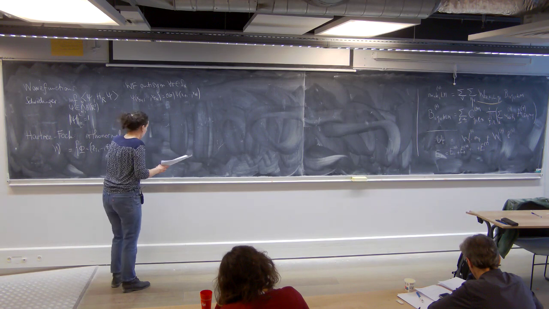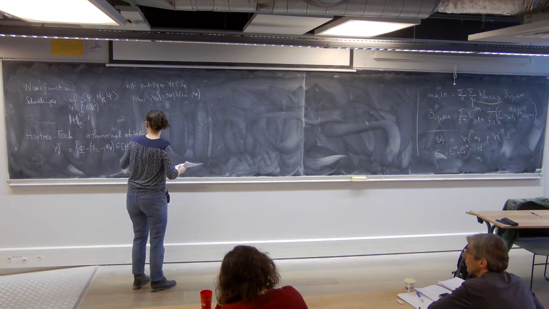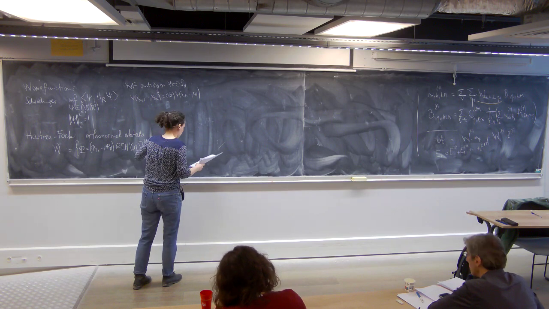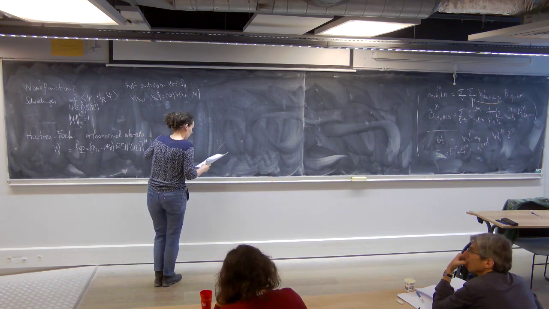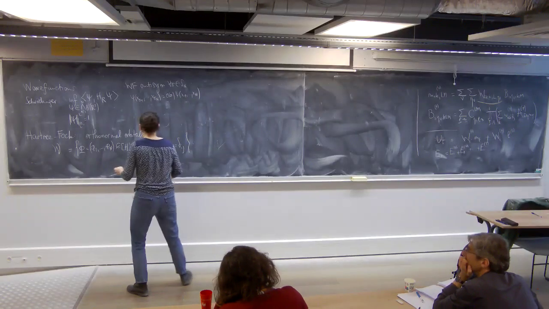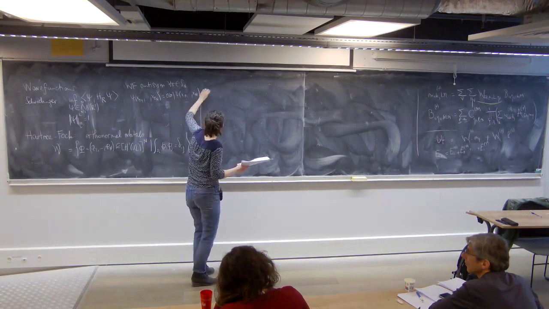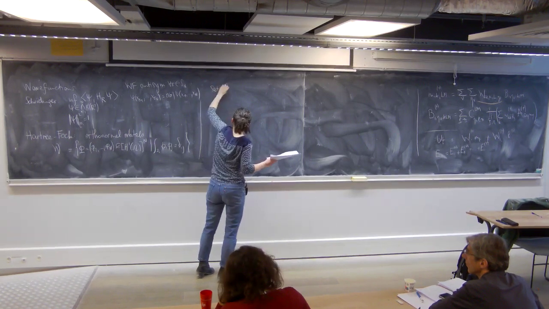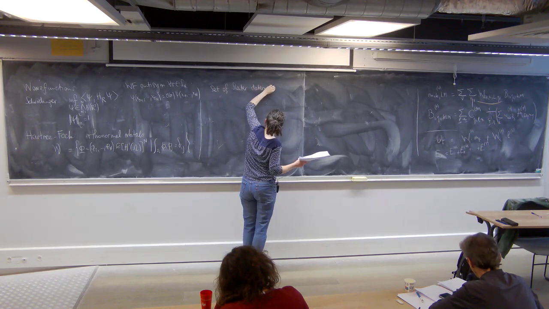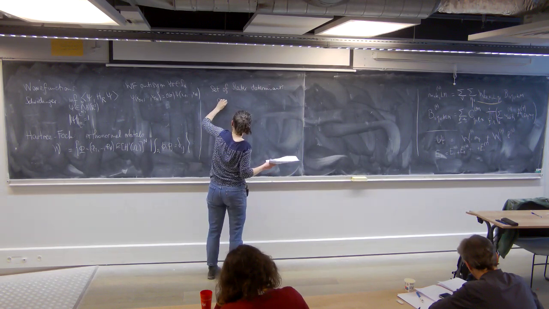H1 means that the function is square integrable with square integrable gradients. And they are orthonormal. Okay, and then the set of Slater determinants is the following. Call it SD.